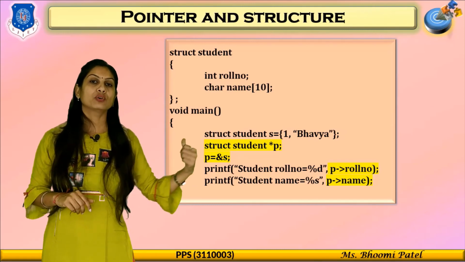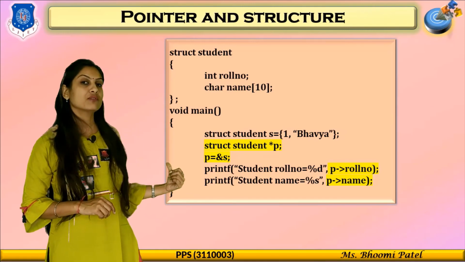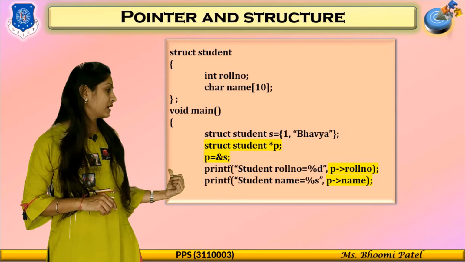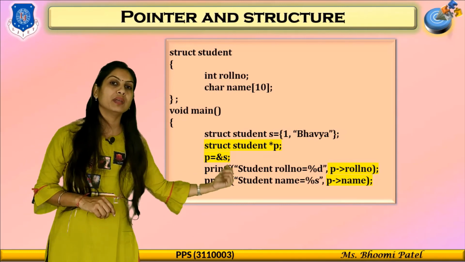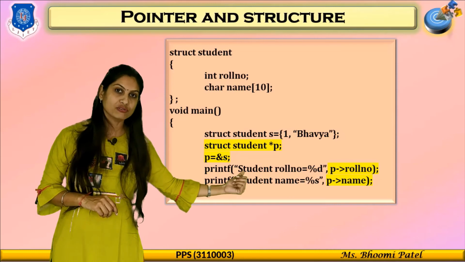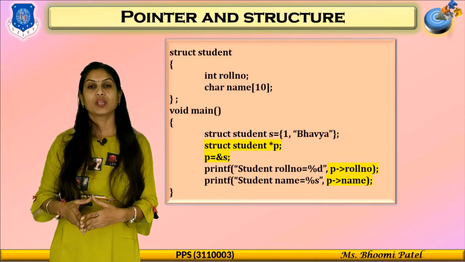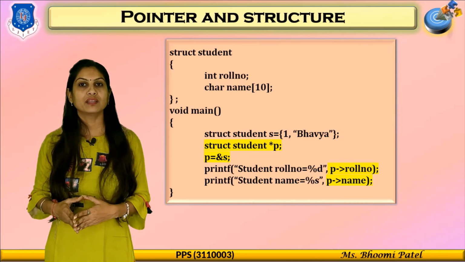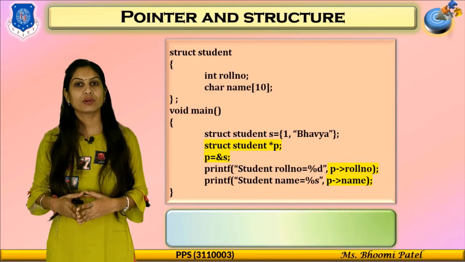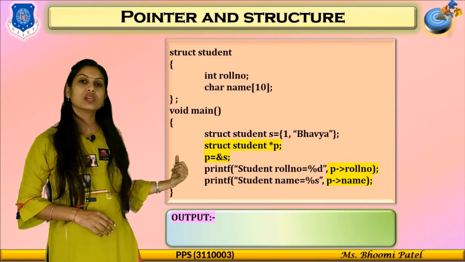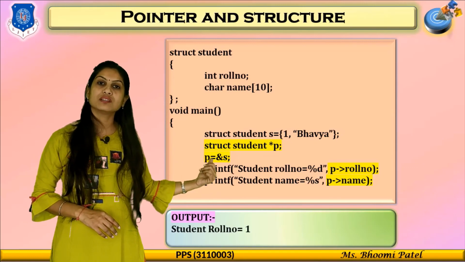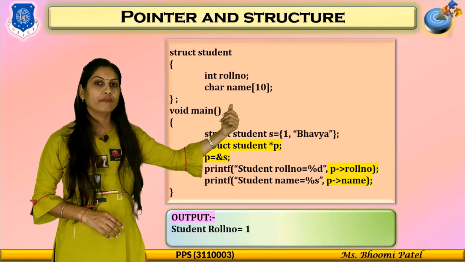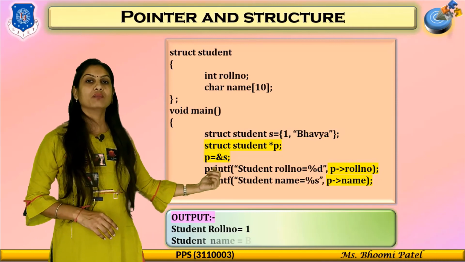So p arrow roll number, and for the name I write printf student name equals p arrow name. This concept is totally different, so you have to remember it. And the output of this program is: student roll number equals 1, because it has roll number 1, and then student name equals Bhavya.